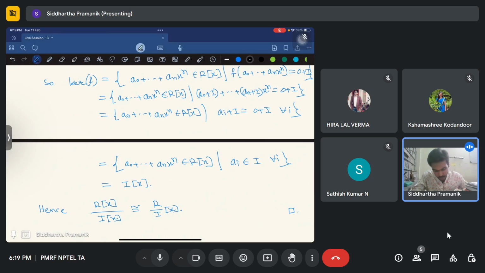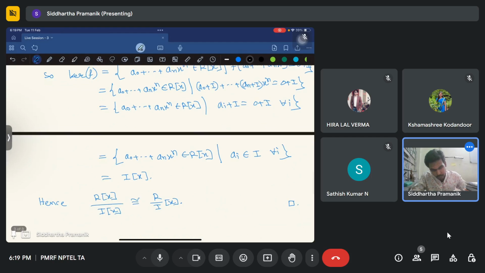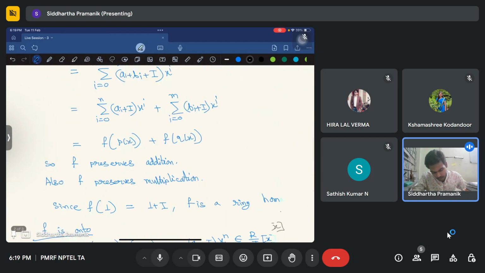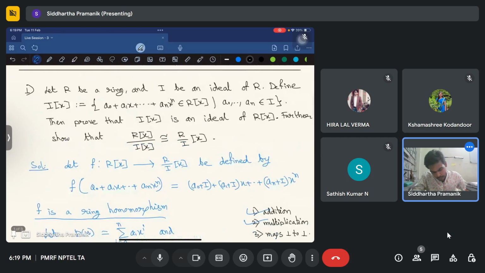Okay, I hope this is fine. So let's see some application of this problem. Just remember that if I is an ideal of R, then I[x] is an ideal of R[x], and the quotient looks like (R mod I)[x].